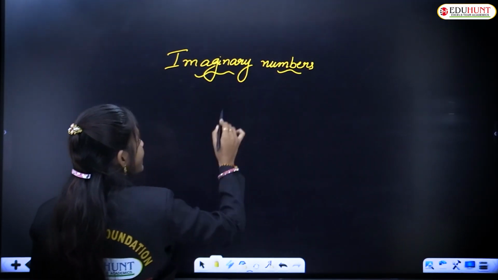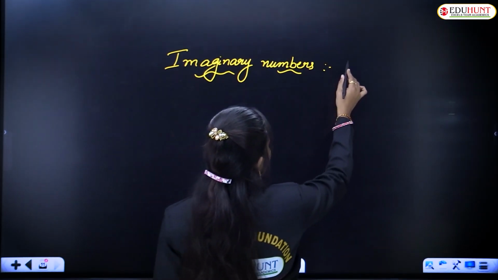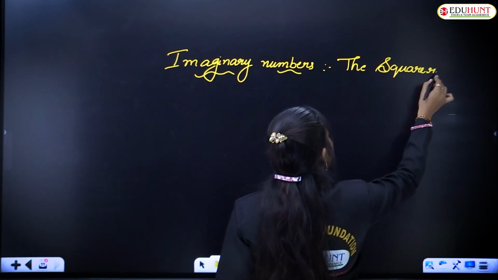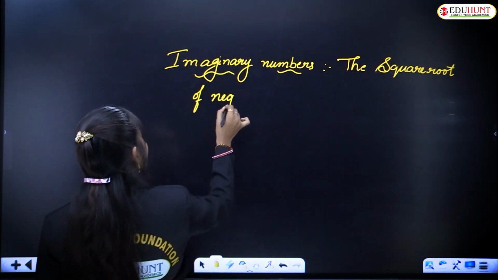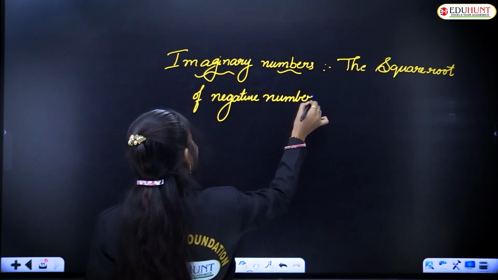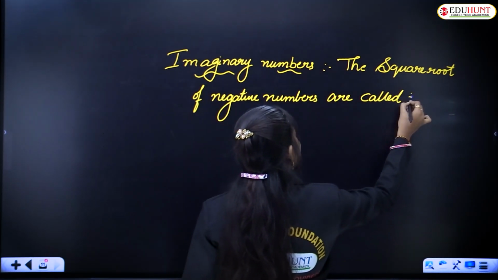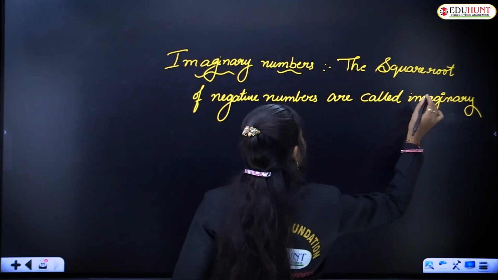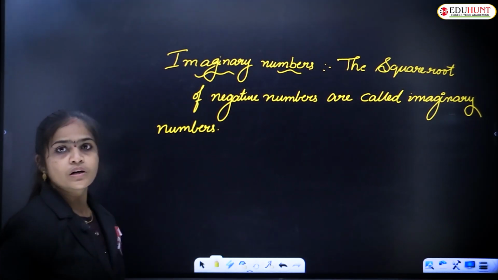So what about imaginary numbers? Imaginary numbers means the square roots of negative numbers.